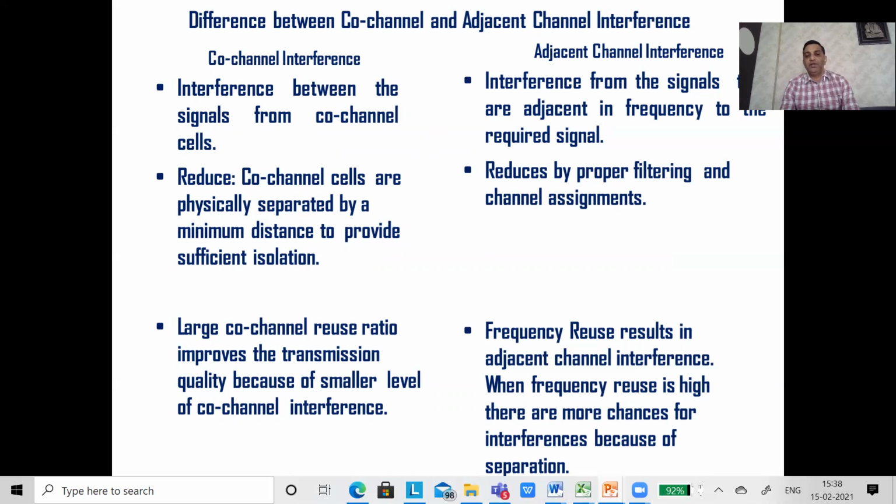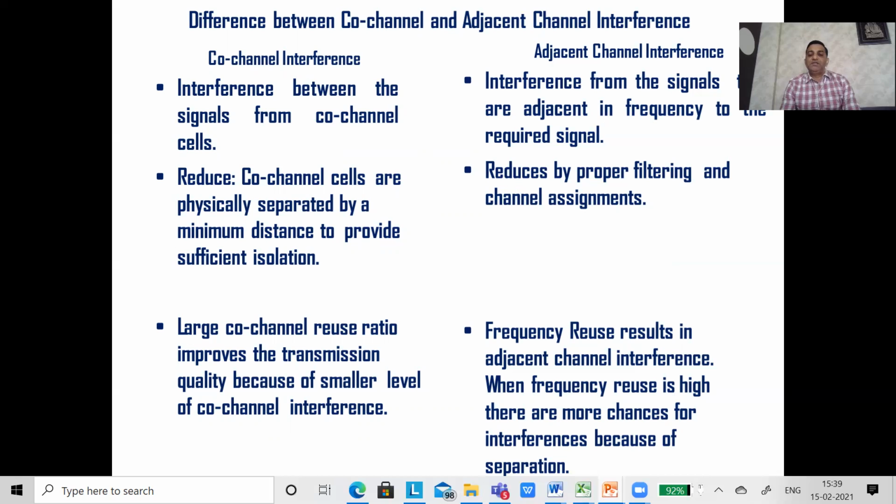If we talk about adjacent channel interference, interference from signals that are adjacent in frequency to the required signal is called adjacent channel interference. This adjacent channel interference is reduced by properly filtering and channel assignment.